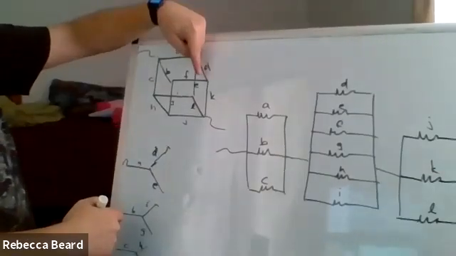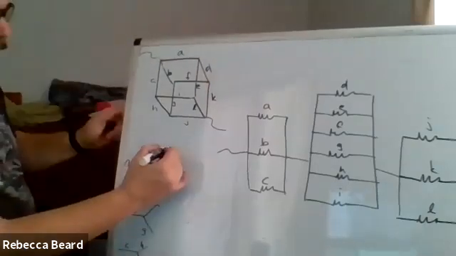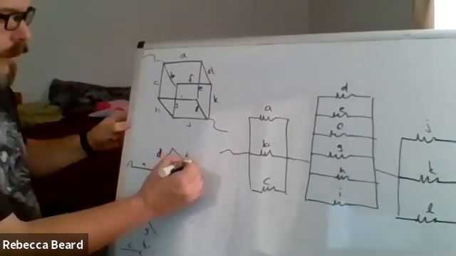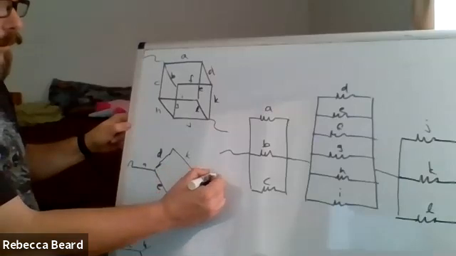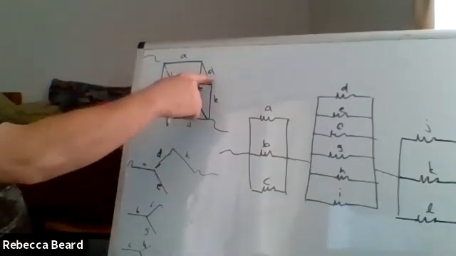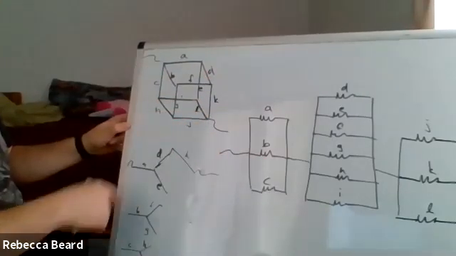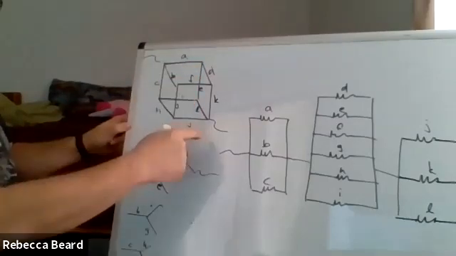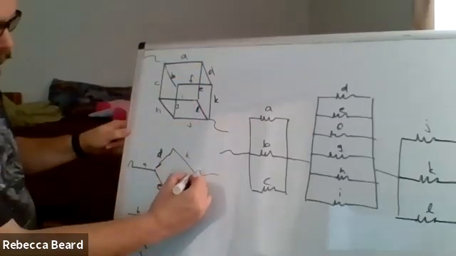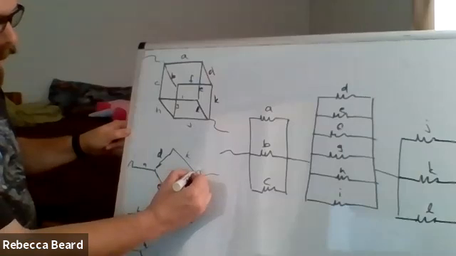Okay, so then D goes to K, right? And out. D goes to K to go out. E goes to L, joins back up, goes out.